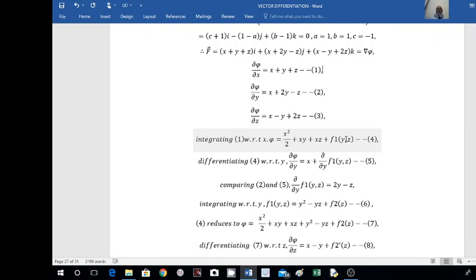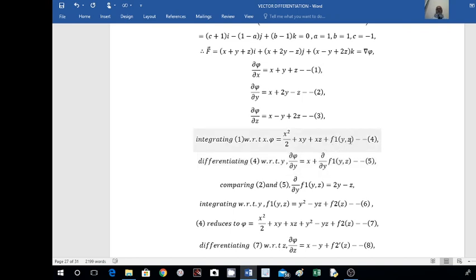But the constant of integration is not a pure constant because we are in partial derivatives here. What we are treating here is x is the only variable, remaining are all constant quantities. Means y is also a constant quantity, z is also a constant quantity. Therefore, this is not simply c here.